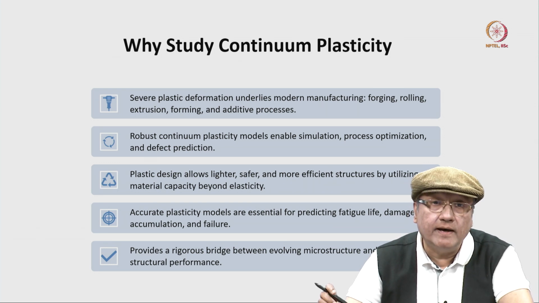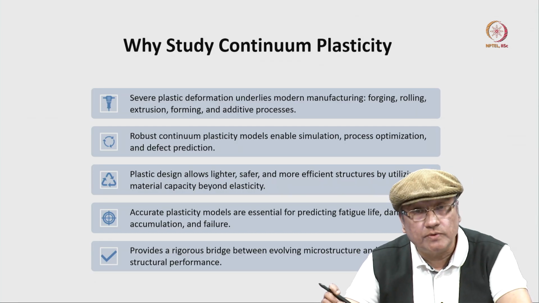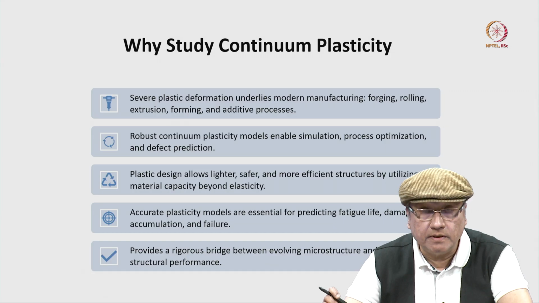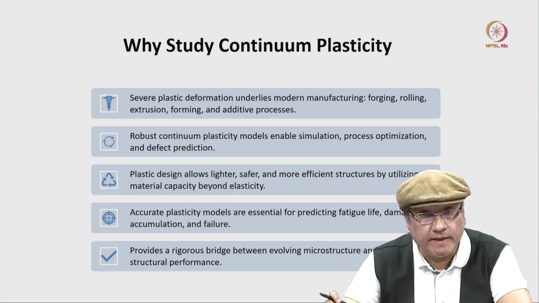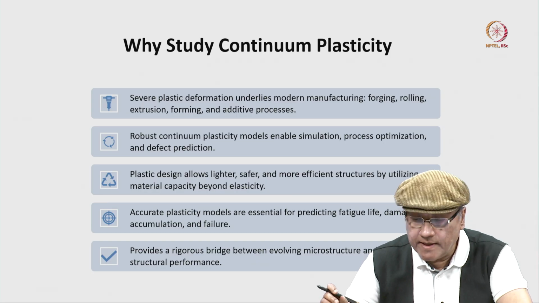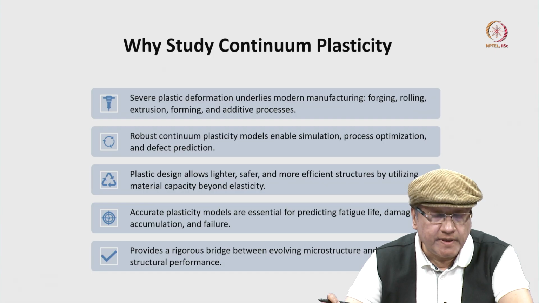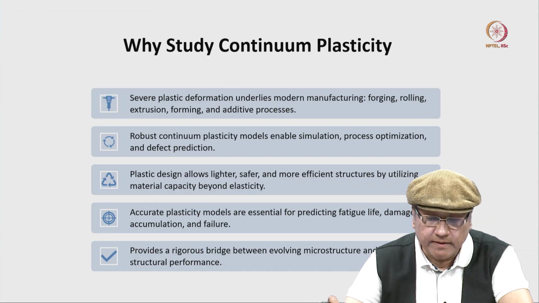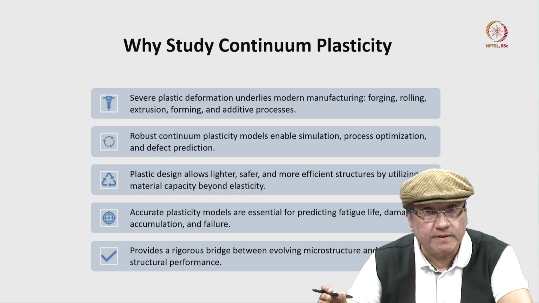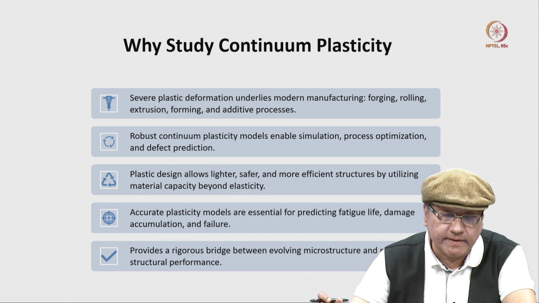And if you have good continuum plasticity models, trustworthy models for plasticity, then you will be able to simulate and optimize the manufacturing process itself, and you will be able to do defect prediction so that you can optimize the manufacturing process to the best possible extent that you can never do by a trial and error method.